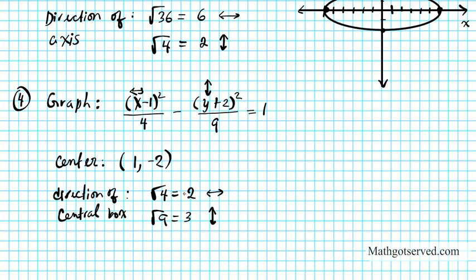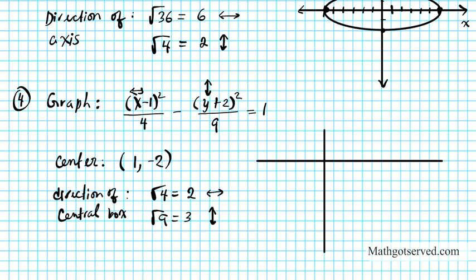So we're just going to use the center and these to construct our central box and asymptotes, and then we'll generate the curve after that. Alright, so we're centered at 1, −2. We go to the right and down, so quadrant 4 is where our graph will be centered. So let's make quadrant 4 sufficiently large to compensate for that size.